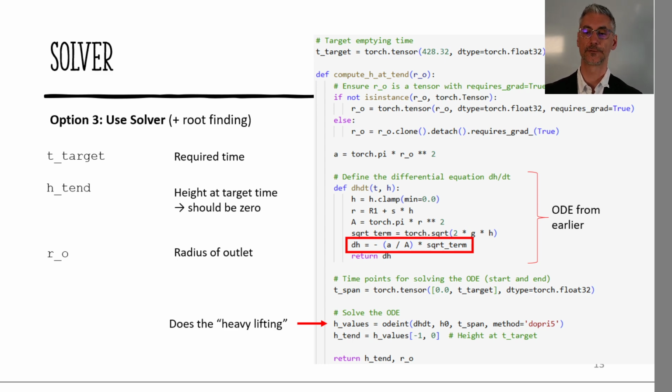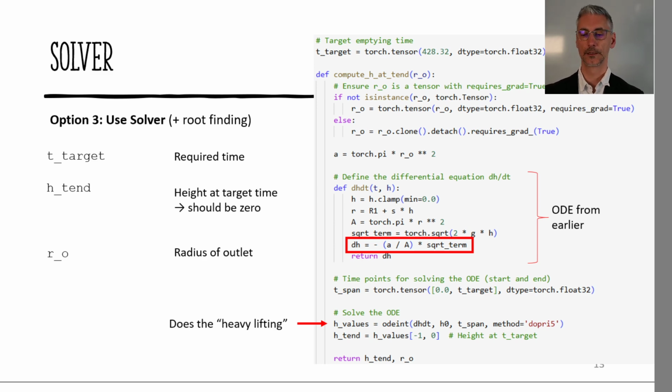And then there is the differential equation. This is a differential equation that we've seen before. We use clamp. This is a PyTorch function, to ensure that the heights don't go negative, so that the differential equation doesn't go into unphysical territory, right? And then in the end, you can see that dh is essentially the same differential equation that we've discussed earlier.